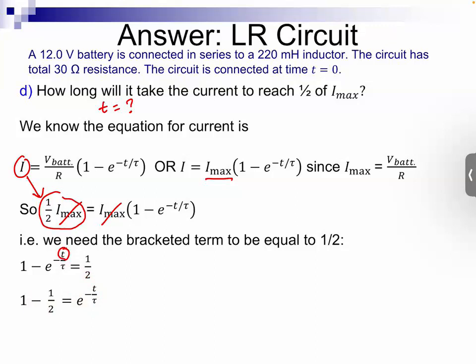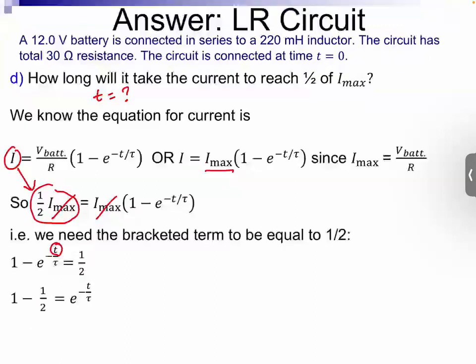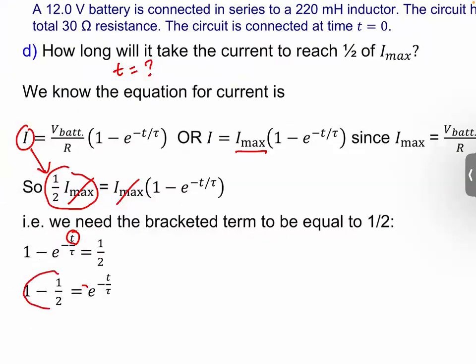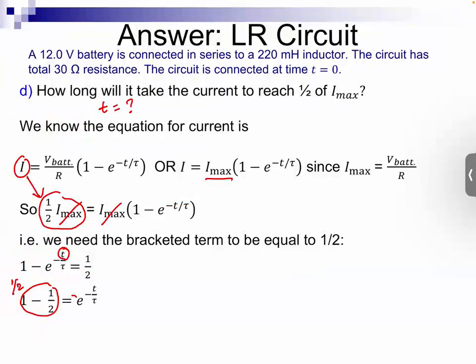You have 1 minus 1/2, and that's just 1/2. And to get rid of the exponential, in order to isolate time, you do the reverse of this power base e. That inverse is the natural logarithm.